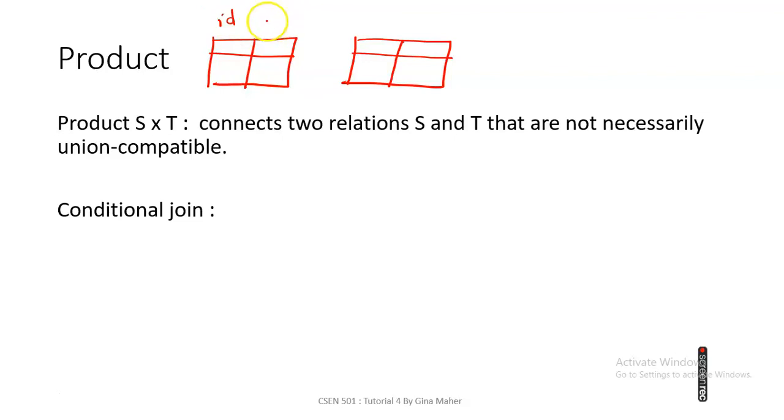ID, name. This is the student. This course has the name of the course, course name, and hours, and can have a foreign key, student ID.